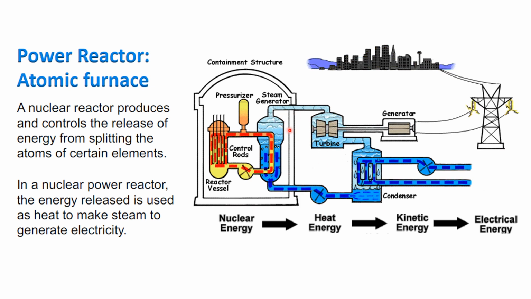The kinetic energy of the steam will be used to move your turbine, which is then transformed into electrical energy via your generator. So it uses a lot of thermodynamics and electromagnetism in producing power in a nuclear reactor. But again, this is the same process as fossil fuel or coal power plants, which use heat energy to form steam in order to drive turbines.